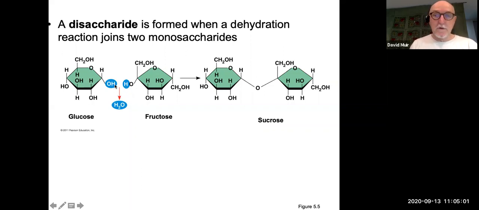Here's the water molecule we're going to remove in a dehydration reaction. HOH, H2O, and there it goes. And that joins them together into this little disaccharide. It's only got 2 sugars, so it's a disaccharide, one that you know very well, because this is sucrose, and that is common table sugar. Table sugar consists of 1 glucose and 1 fructose molecule joined together.